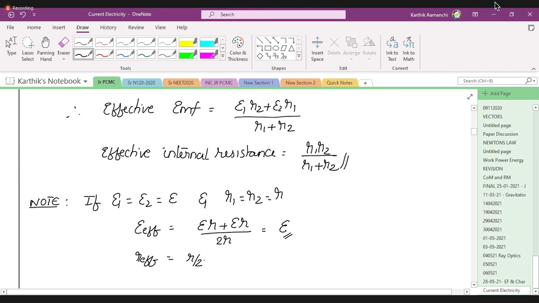Clear? This goes into your formula, okay? Cells connected in parallel: the effective EMF is epsilon 1 R2 plus epsilon 2 R1 divided by R1 plus R2.